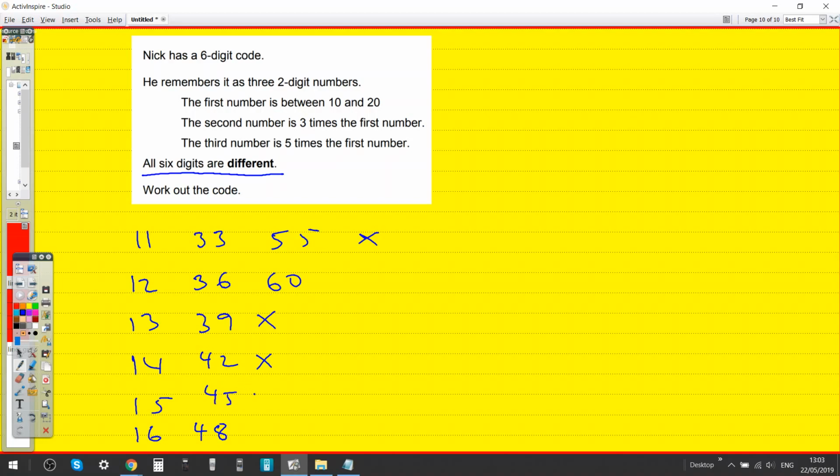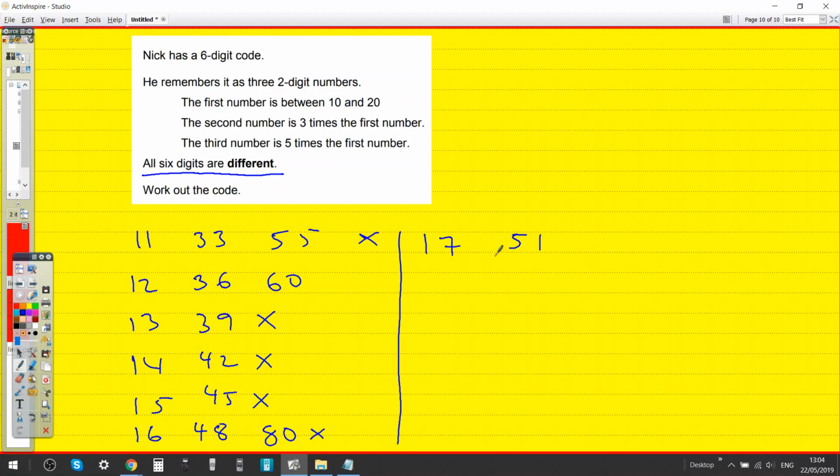The third number is 5 times 16, 80. Again, that doesn't work. 17 times 3, 51. What do you know about 17 and 15? They've both got 1s in them.